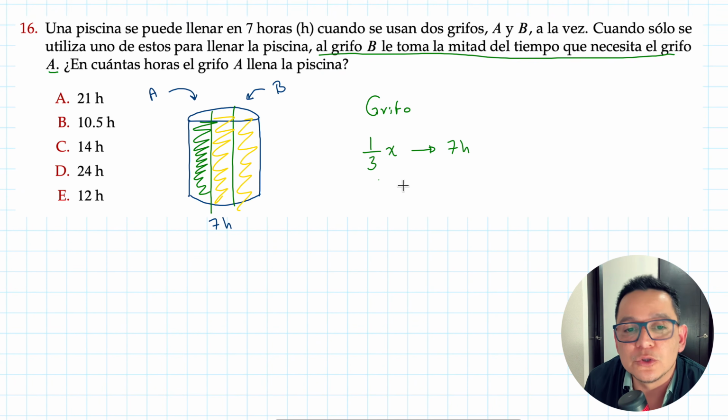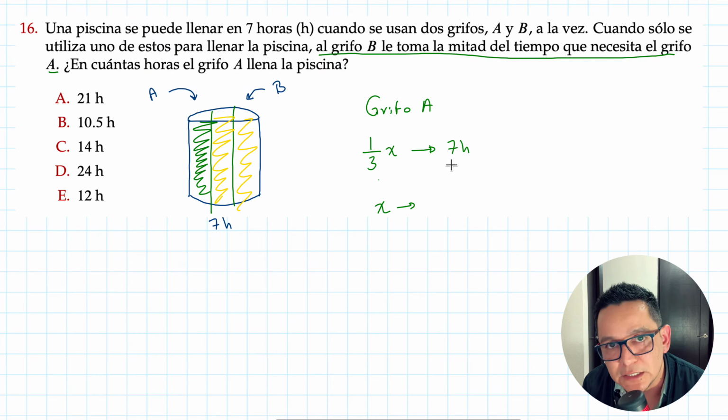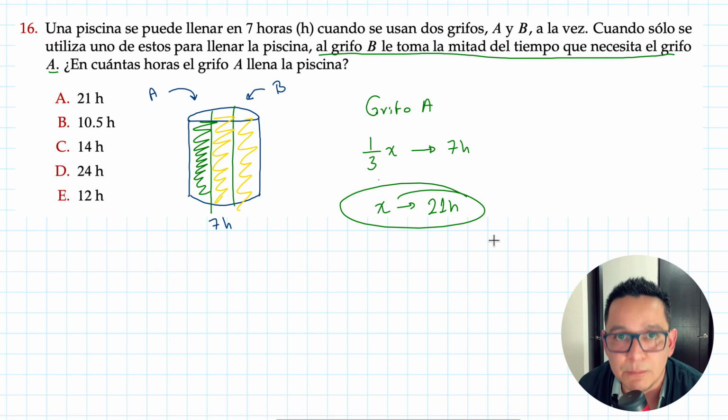So I ask myself, if faucet A filled 1/3 of the total volume, how long will it take to fill it completely? Well, if it filled 1/3 in 7 hours, then how many hours will it take? Well, 21 hours, right? It takes 21 hours to fill it completely, and that's all we have to do.